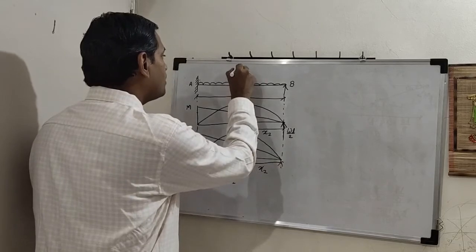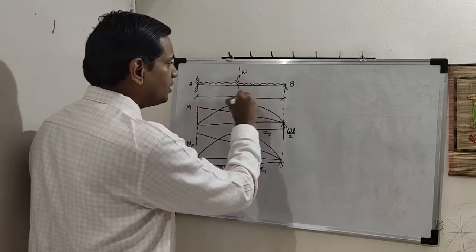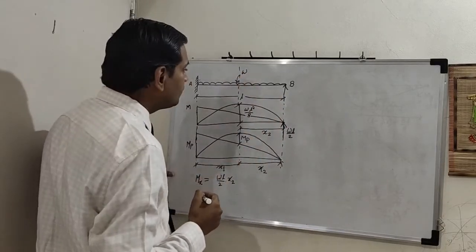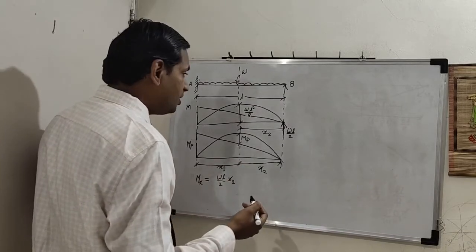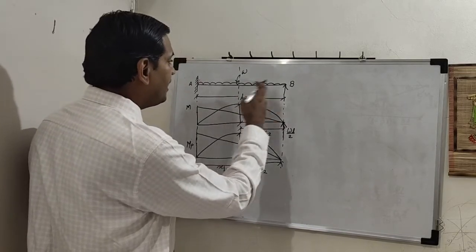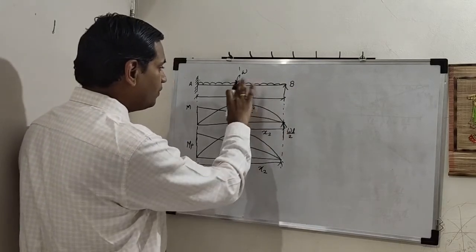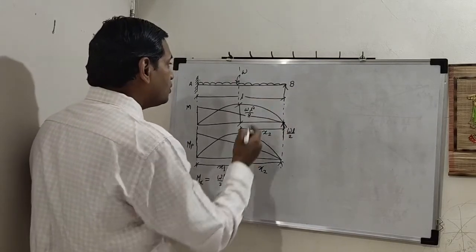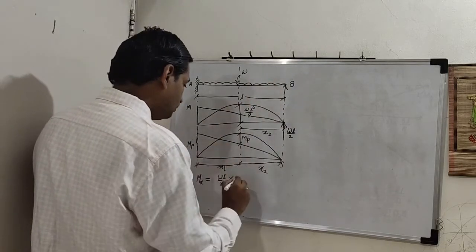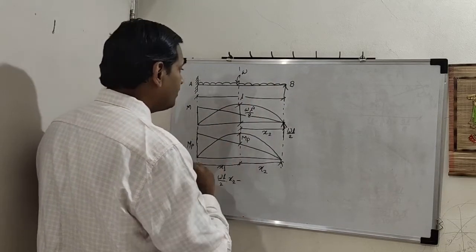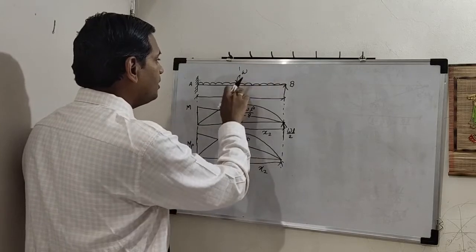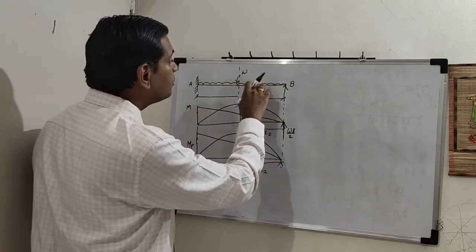So we have considered right hand side of the section. As per my assumption, I treat anti-clockwise moment on right hand side of the section as positive. Okay, so this is anti-clockwise moment. Next is this W. So this will be minus, because on right hand side moment due to this W will be clockwise.